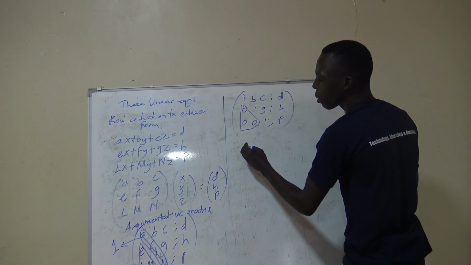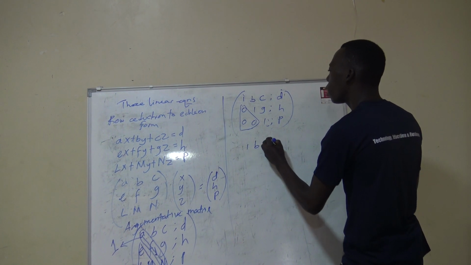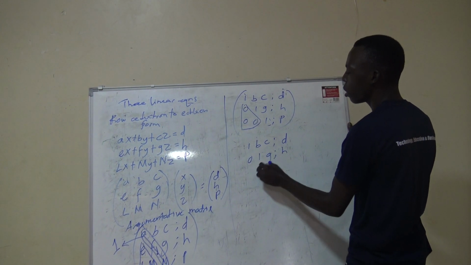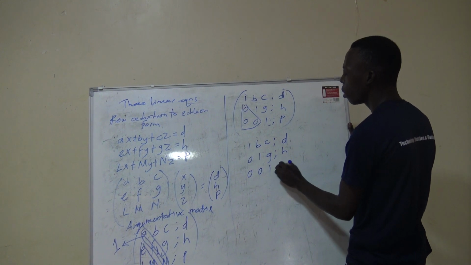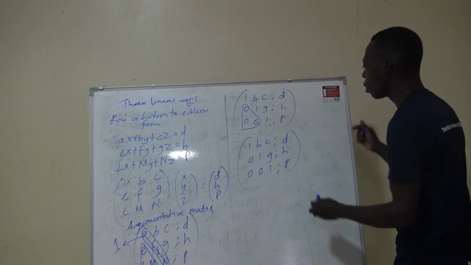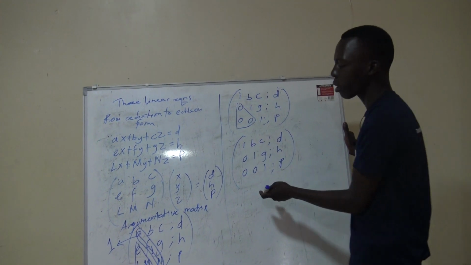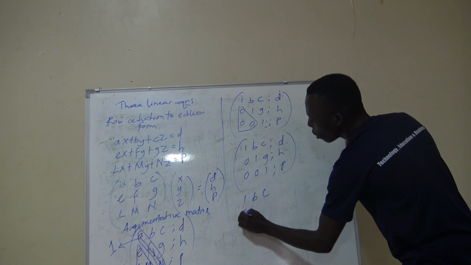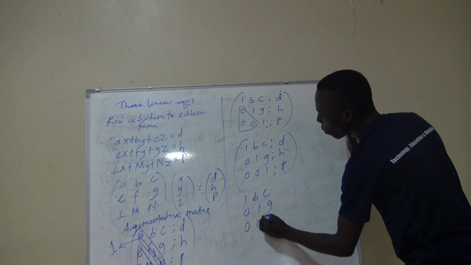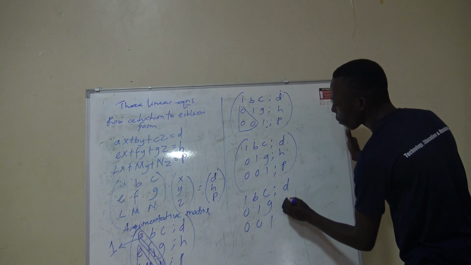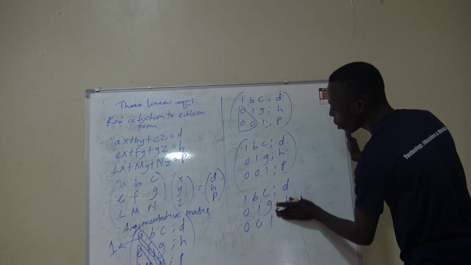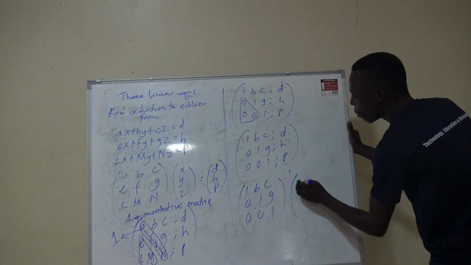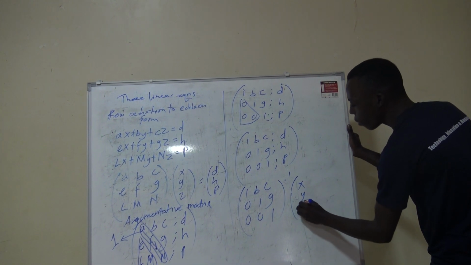So here it becomes 1, b, c with d, then 0, 1, g, h, then 0, 0, 1 and p. We represent it as the matrix 1, b, c, 0, 1, g, 0, 0, 1, and we multiply by the variables x, y, z.